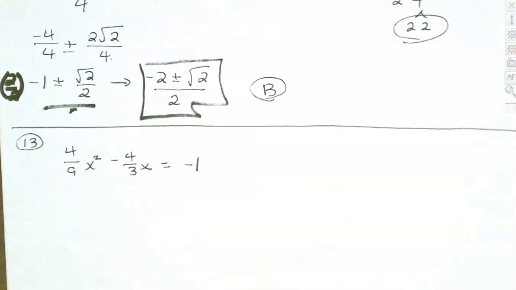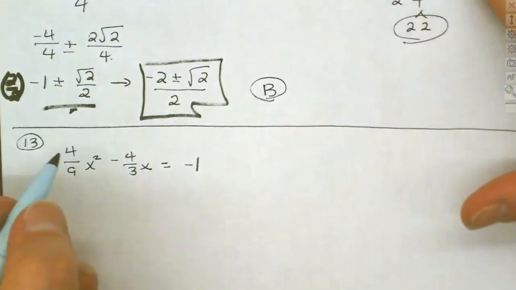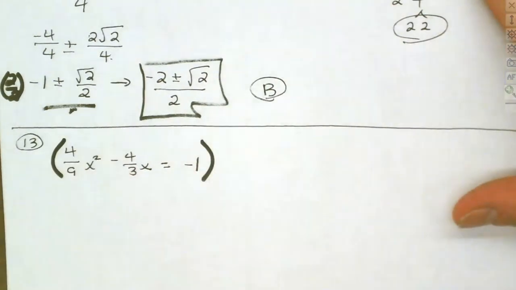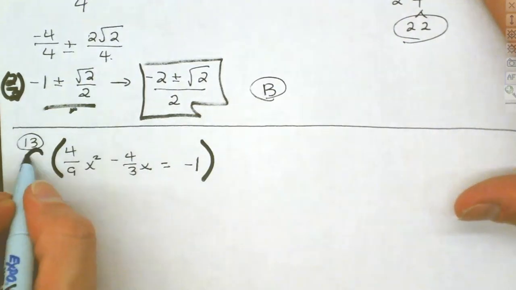When we use the quadratic formula, we never, ever want to have fractions in the quadratic formula, so we need to get rid of them. The first thing we want to do is multiply all of this by what? Does anyone have any idea what we would multiply this by? Least common denominator. And what would that be? 9. Okay, so we're going to multiply it all by 9.